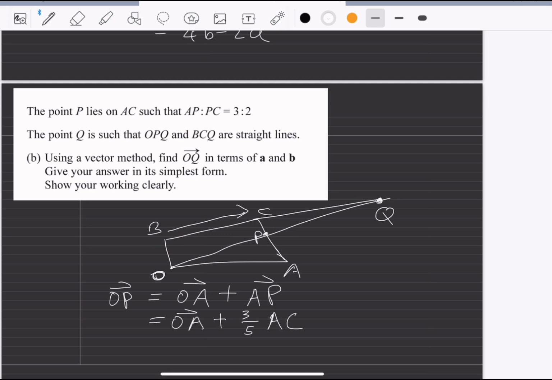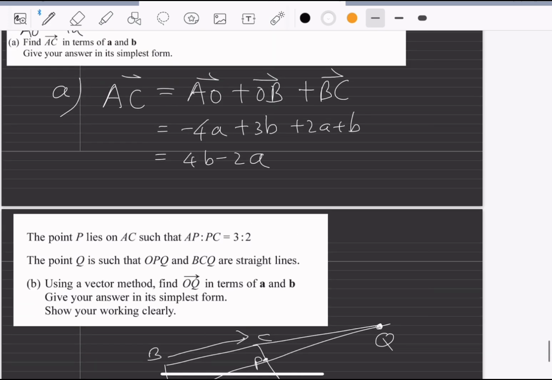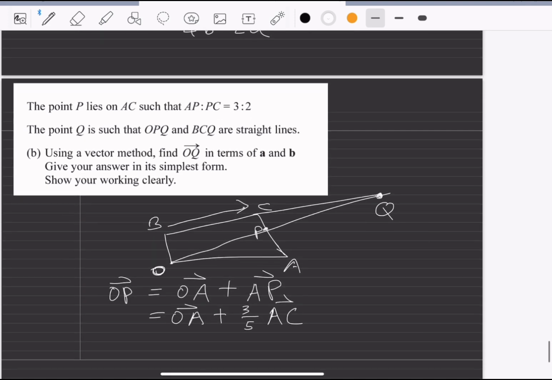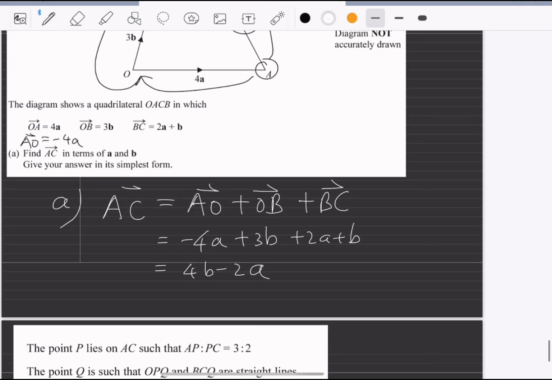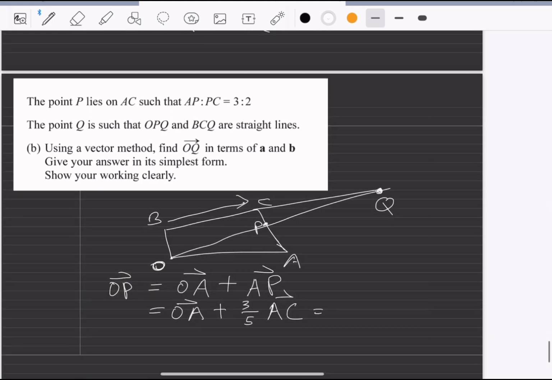And AC we have already calculated in the previous question. Therefore, we can just sub in everything. OA is 4a plus 3/5 of 4b minus 2a. Therefore, we have 4a plus 12/5 b minus 6/5 a.